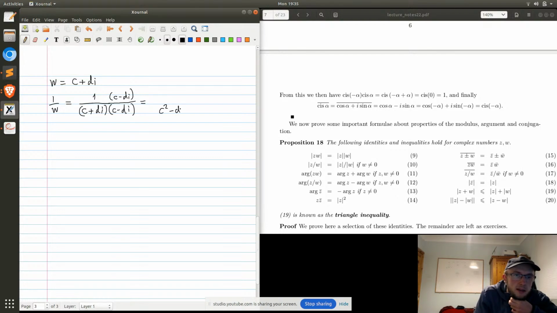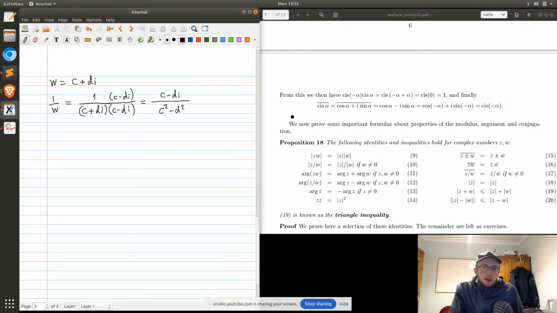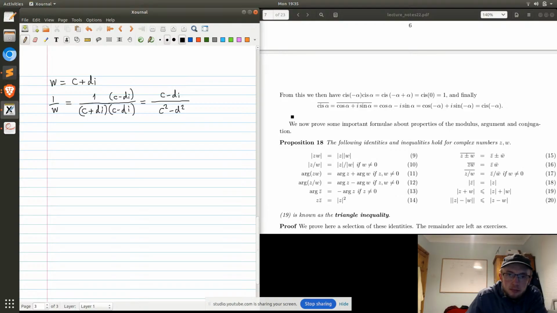C squared minus D squared by design, and then C minus DI on the top. Okay, that doesn't help us a whole bunch, but I think it would just be a lot of algebra, but hey, that doesn't bother me.